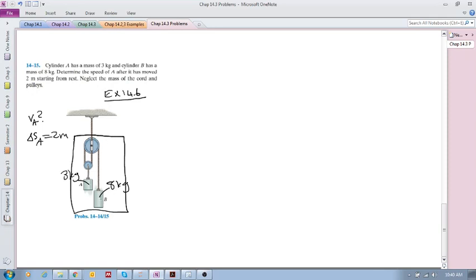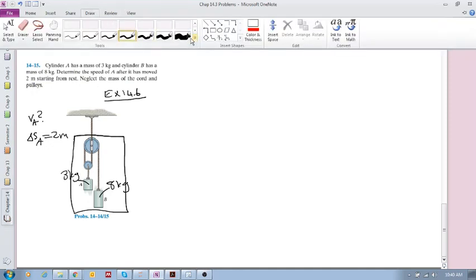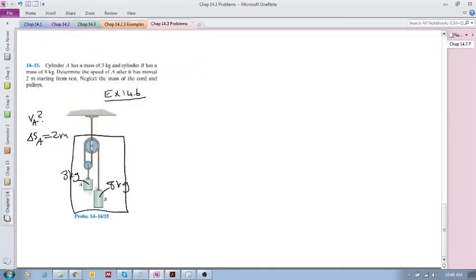And what are the external forces on the system? We have tension here, right? That's the tension from the fixed support over here. And we've got the weight of B, and we've got the weight of A. Remember, you define your system, okay?